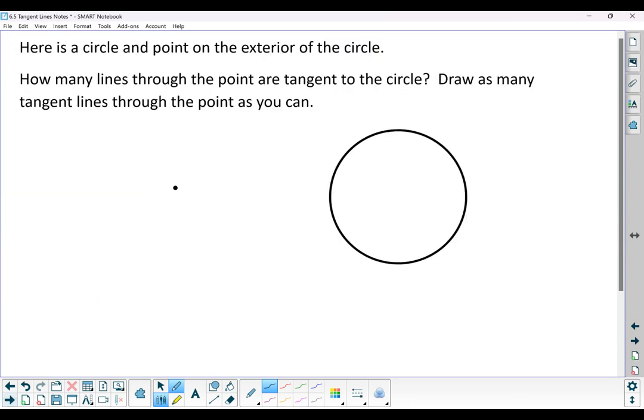Okay, here's a circle and a point that is on the exterior of the circle. How many lines through the point are tangent to the circle?